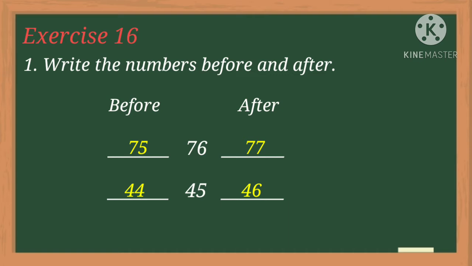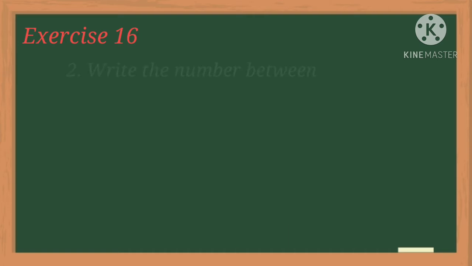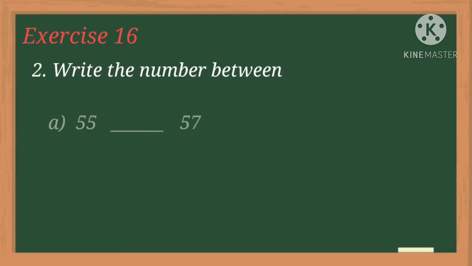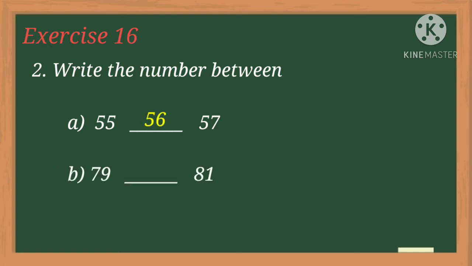Solve the next questions in the main. The second main, write the number between. What comes between 55 and 57? Yes, 56. Second one, 79 and 81. Yes, right. 80 is a number that comes between.